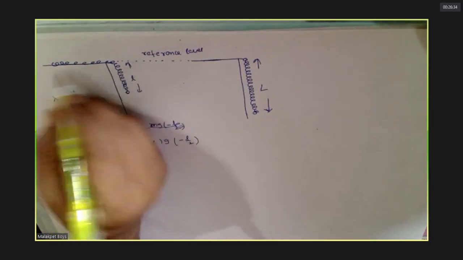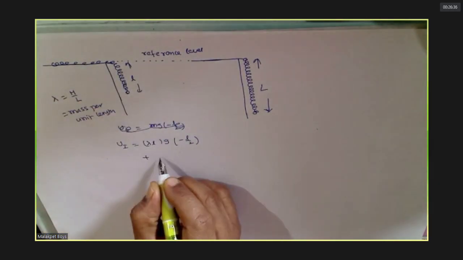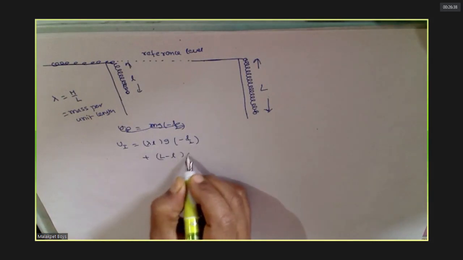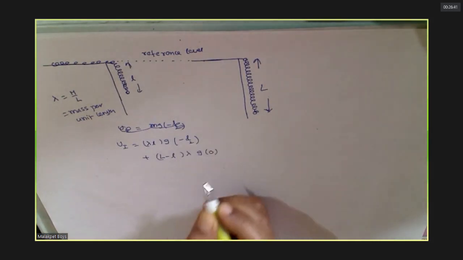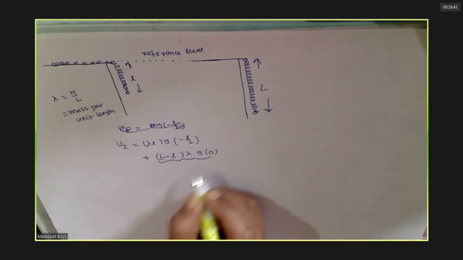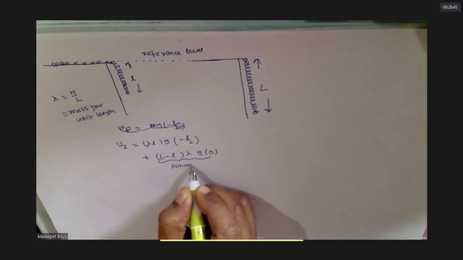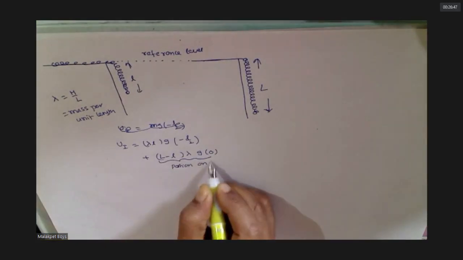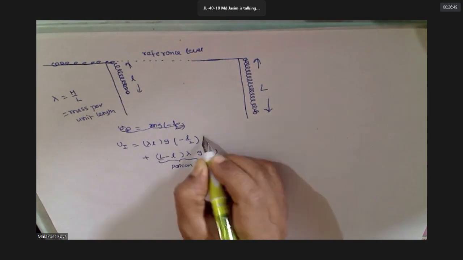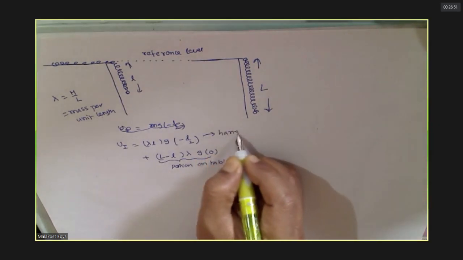Why? Because the reference is this only, no? For the portion on the table, the height is 0, since the reference level is this level. The remaining is the hanging part.